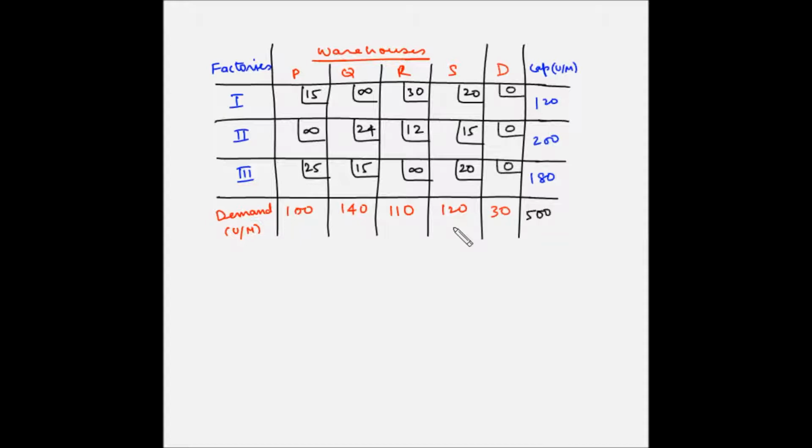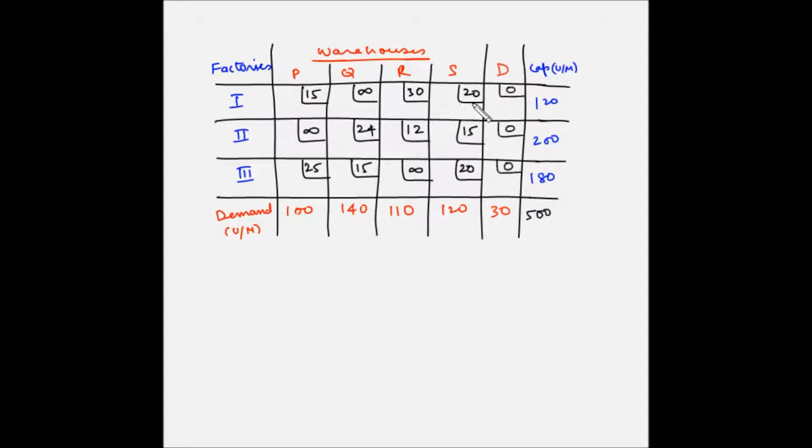Now after we have created the transportation table, the next step is to establish the basic initial feasible solution, and we'll use the Vogel's approximation method to achieve that. Now the first step in Vogel's approximation method is to calculate the difference between the two minimum elements for each row and each column, or basically we are trying to find out the penalty cost for each row and each column.